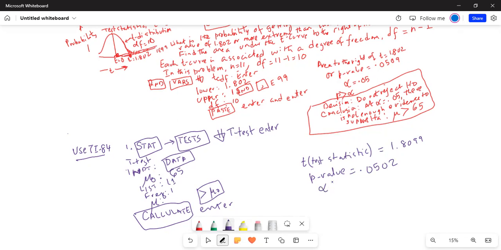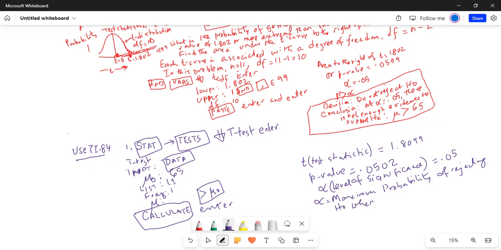Compare that with alpha. Alpha is your level of significance. It's the maximum probability of rejecting H0 when it is true, is 0.05. Remember, alpha is the maximum probability of rejecting H0 when it is true.